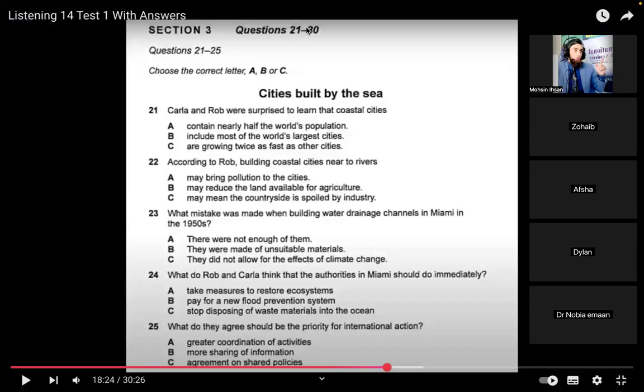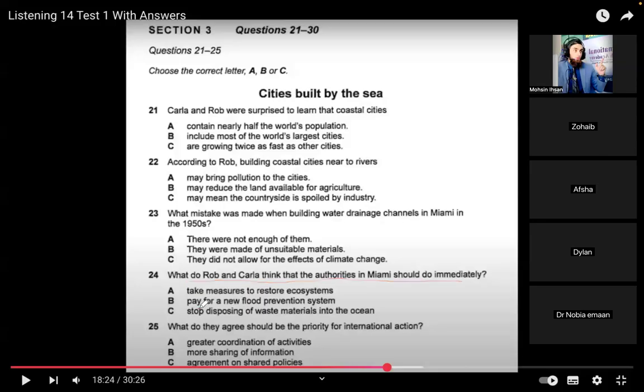B. Yes, 24. They just need to find the money for a new flood prevention system. The person said you just need to find the money for something to replace the drainage. And the question is, what do Rob and Carla think the authorities should do immediately?